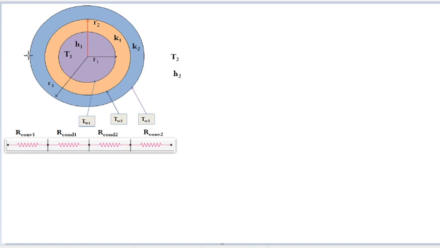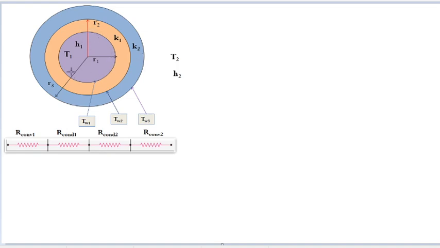Now this is the picture where we consider a pipe of radius R1, T1 is the temperature of the fluid, h1 is the heat transfer coefficient, and the other fluid is flowing at temperature T2 with h2. K1 and K2 are the conductivities of the materials.